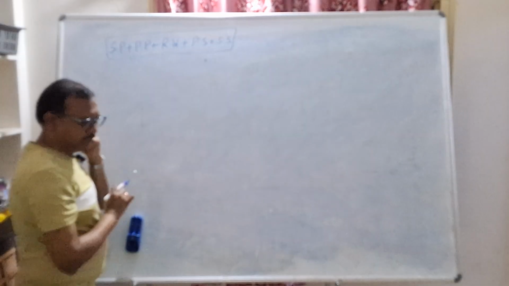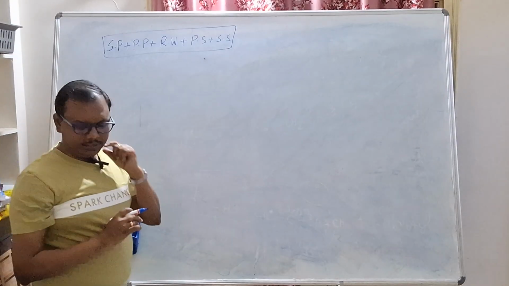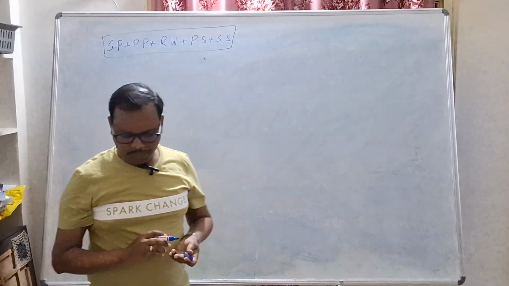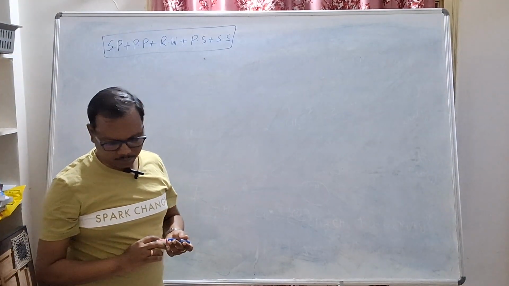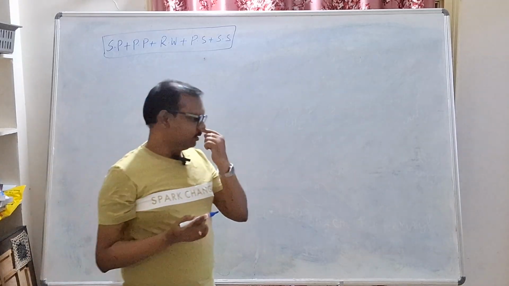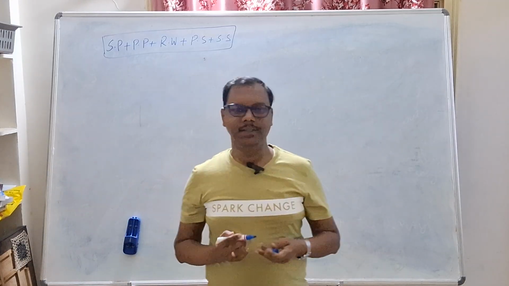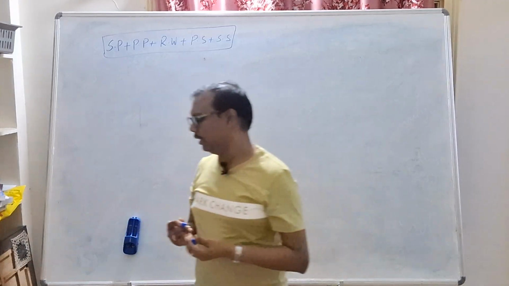In this, we are writing the rules for the nomenclature of alicyclic compounds. That means saturated and unsaturated, two types of compounds are there.